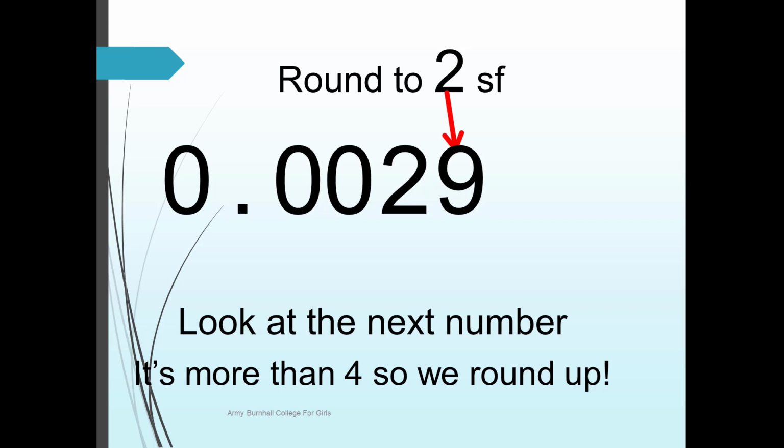Over here we cannot write this 0, because if we write 0 over here, that will be significant, because zeros after the decimal are significant if they are trailing zeros. So we will remove that 0 and we will have 0.0029, which is rounded to 2 significant figures.